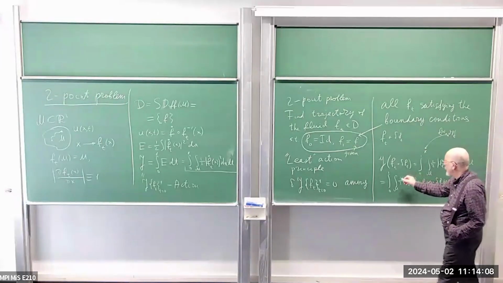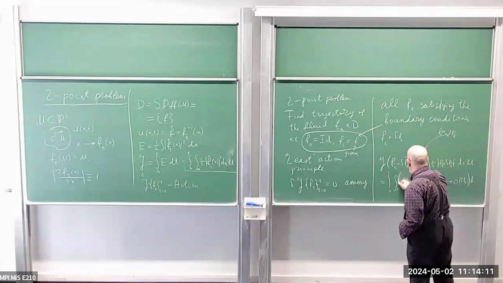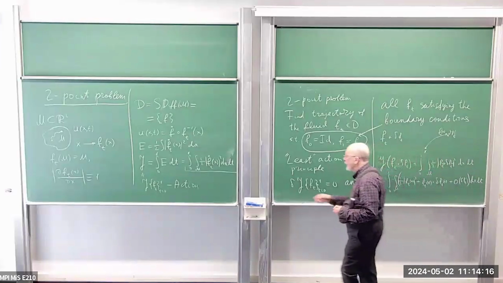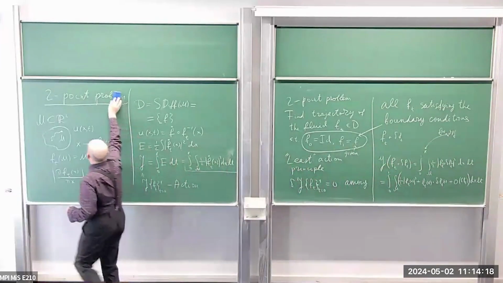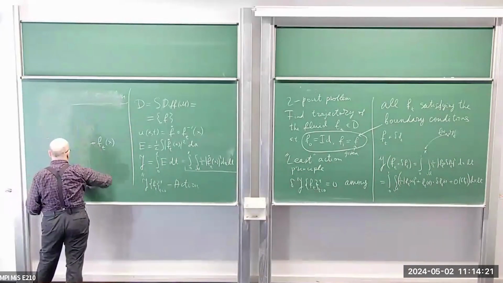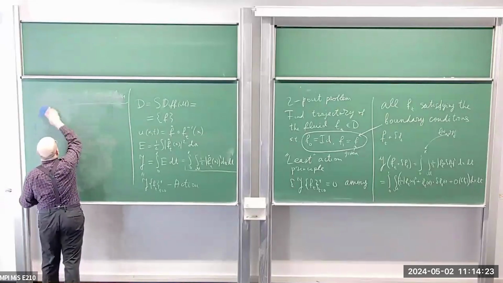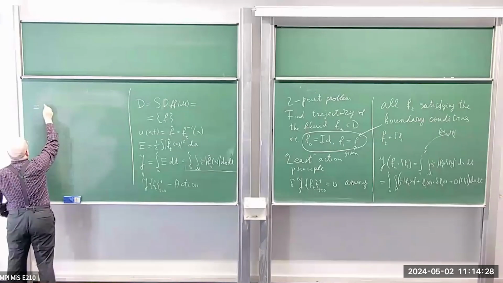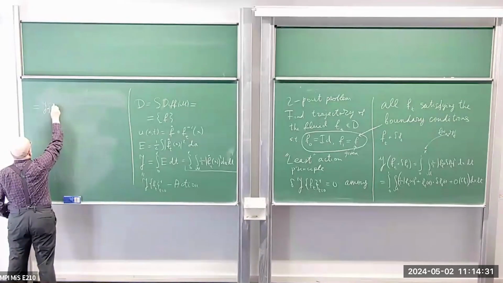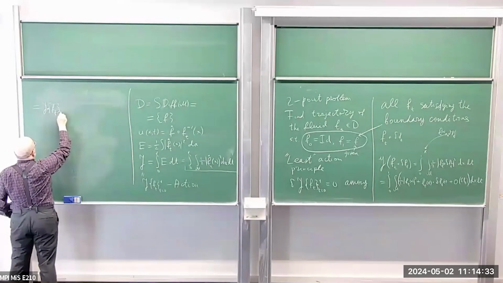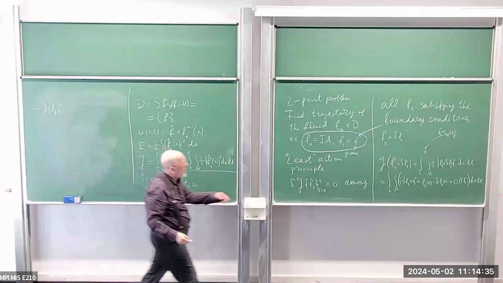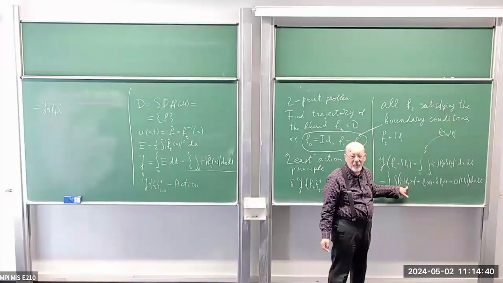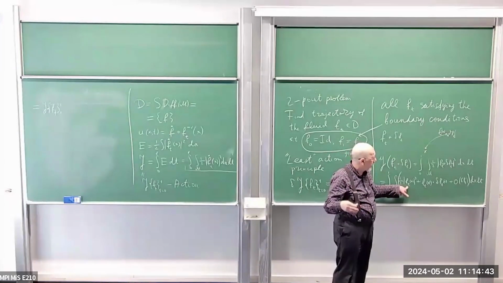That gives J of f_t from 0 to 1, this part. This term is the same as for the action. Then you have to find the variation.